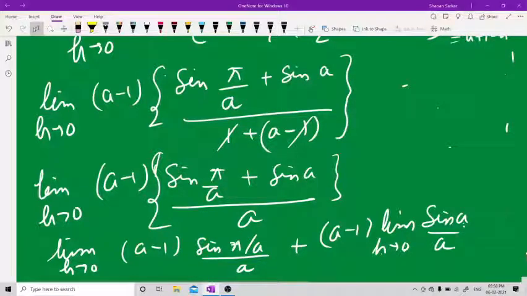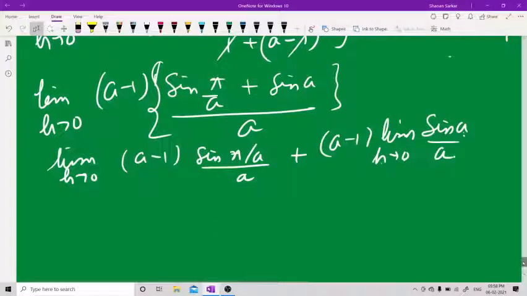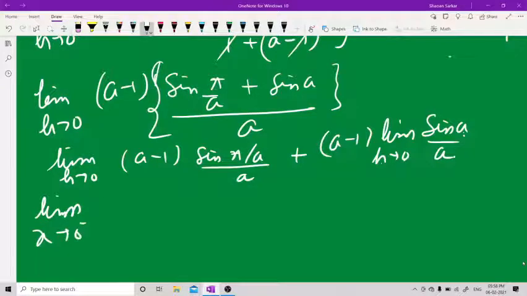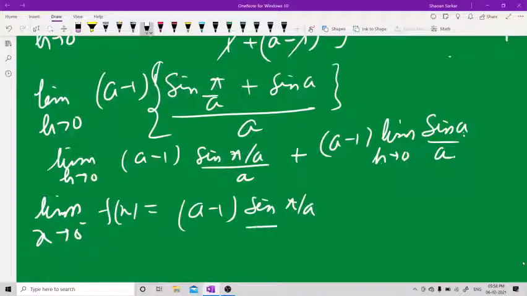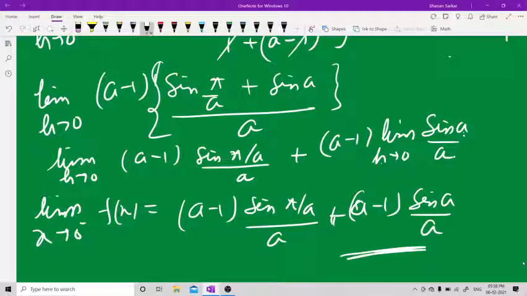your left hand limit, limit x tending to 0 minus f(x), is nothing but a minus 1 sine pi by a upon a plus a minus 1 sine a upon a. See this one?